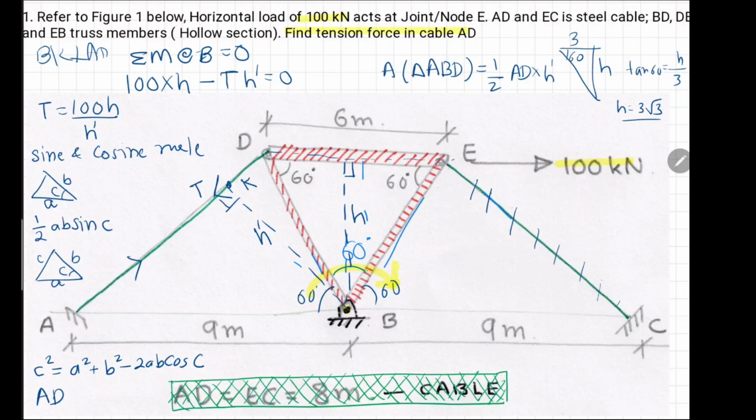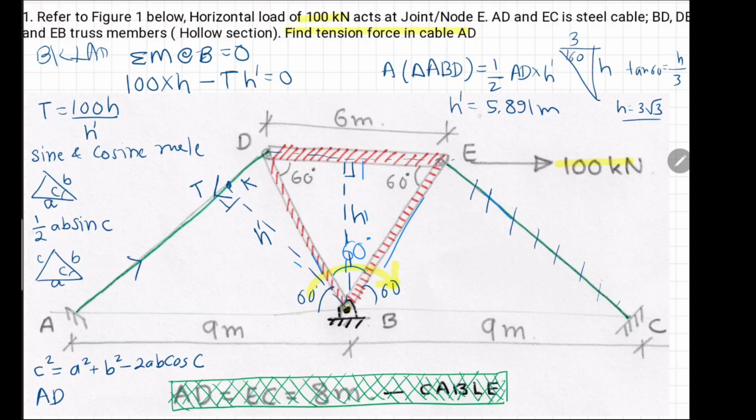So once we know the area of the triangle and AD, we can calculate H dash. If we use this procedure, we will get H dash equals to 5.891 meter. And another method is to draw to scale and measure the angle using a scale.